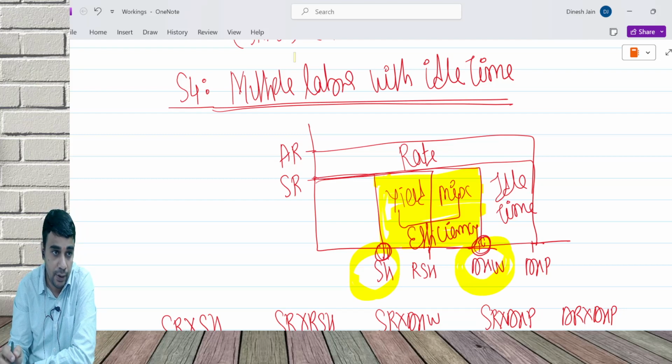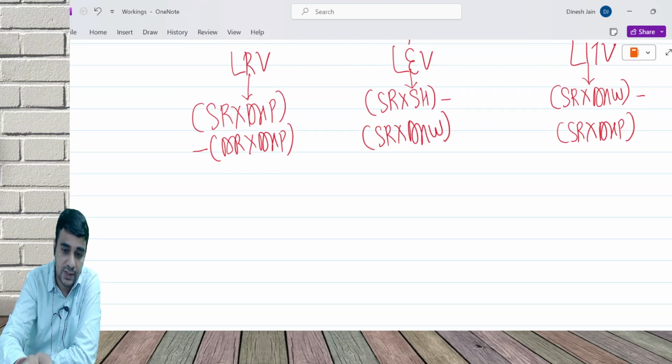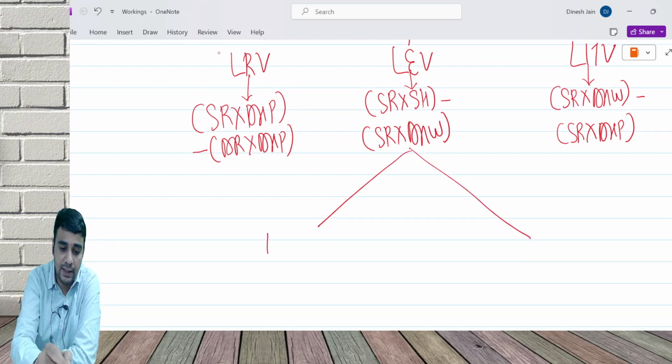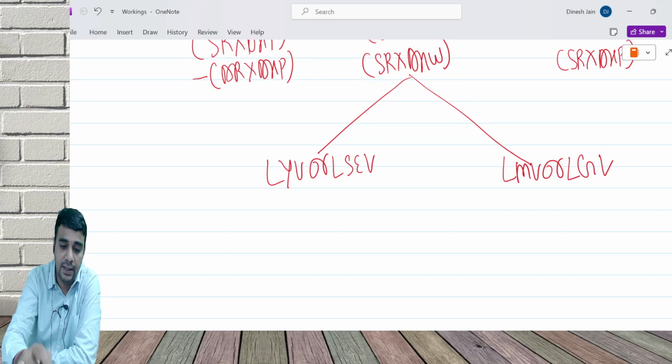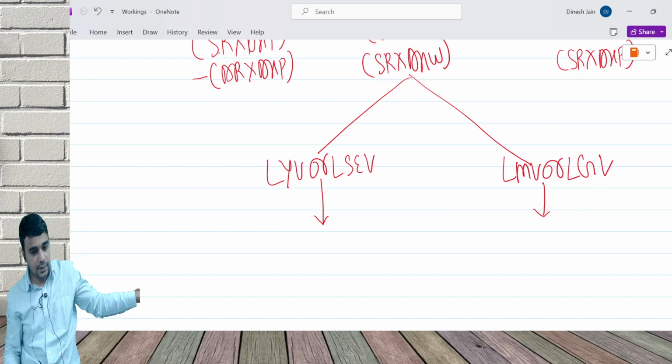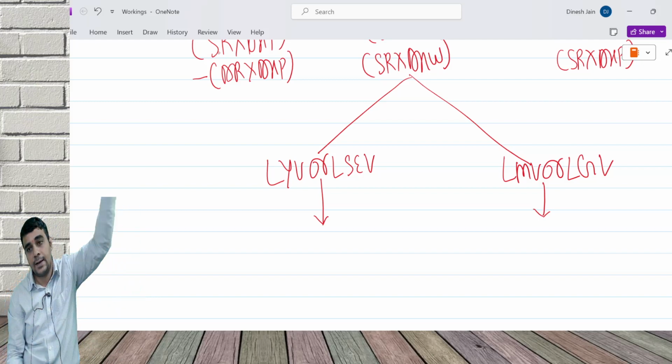Next, your efficiency is split into yield variance or sub efficiency variance, and mix variance or gang variance. Yield or sub efficiency, mix or gang.